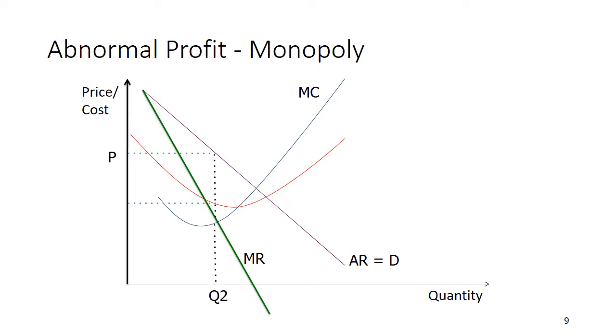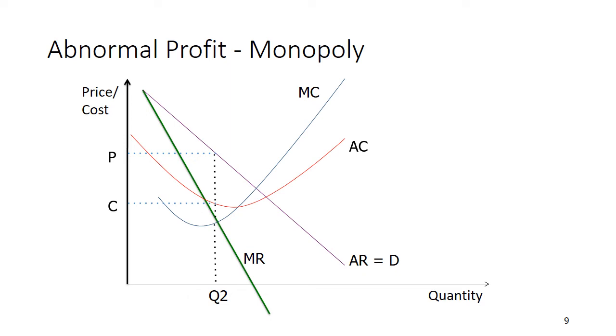So to sell this much quantity, if you draw this line straight to the AC curve, see this is the point where AC intersects this line, then you can draw this line to the vertical axis and find the AC. This is their cost, the average cost. But they are charging this much price. It's much higher than the cost of the product.